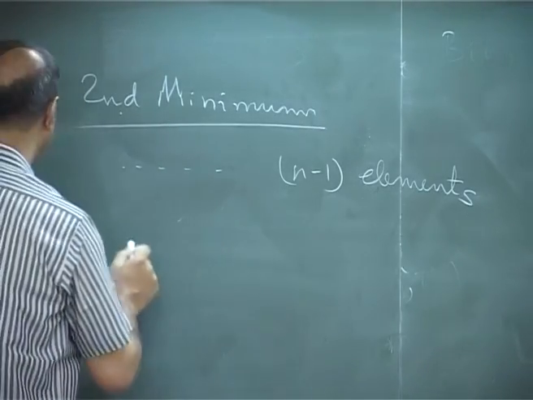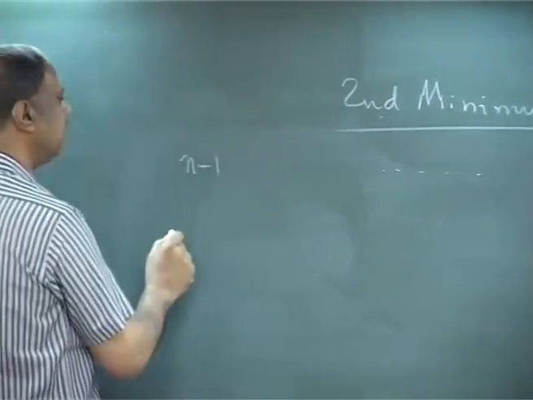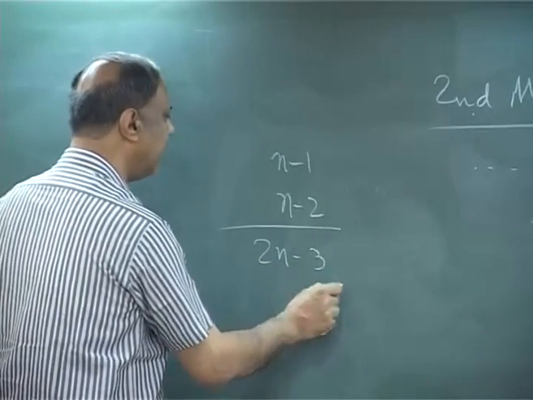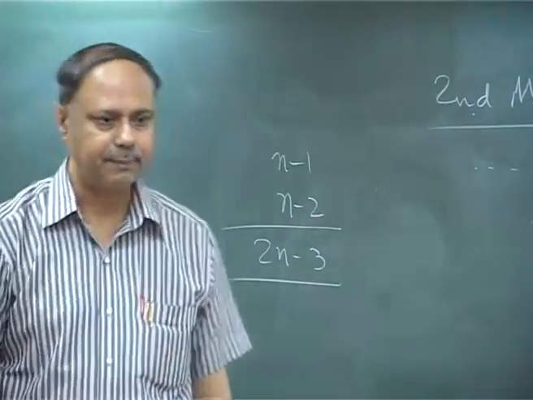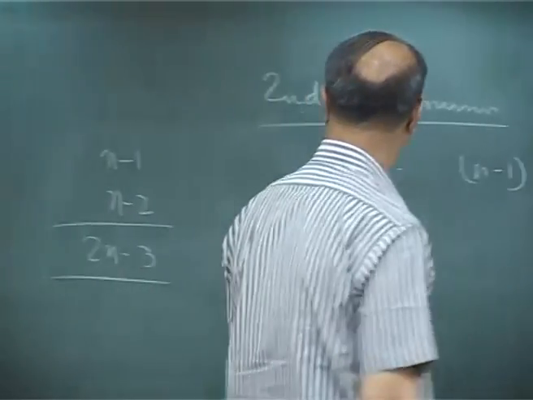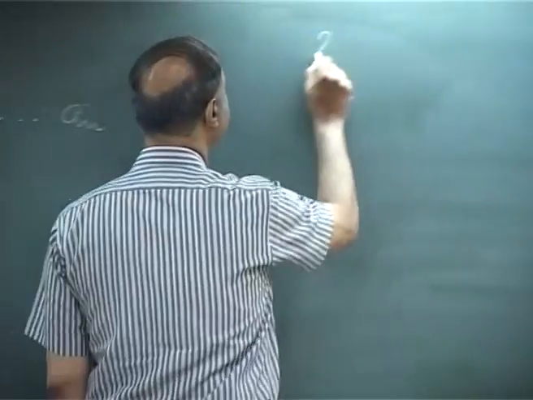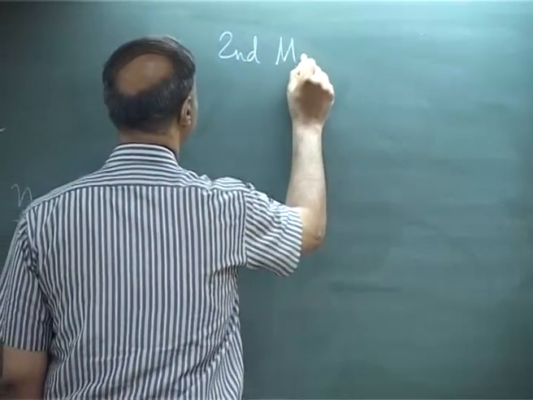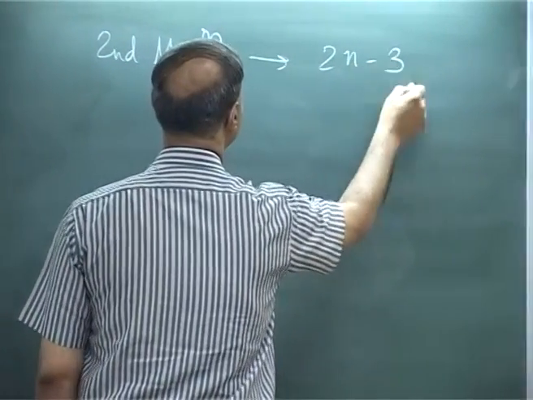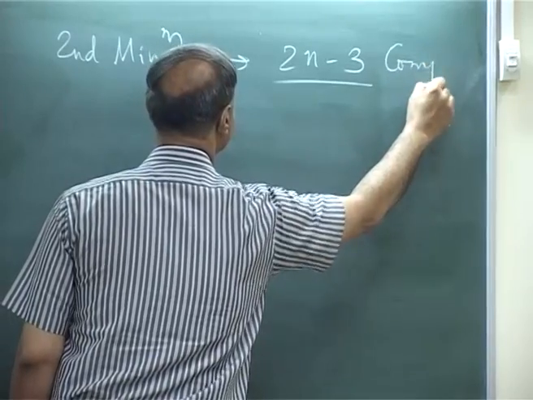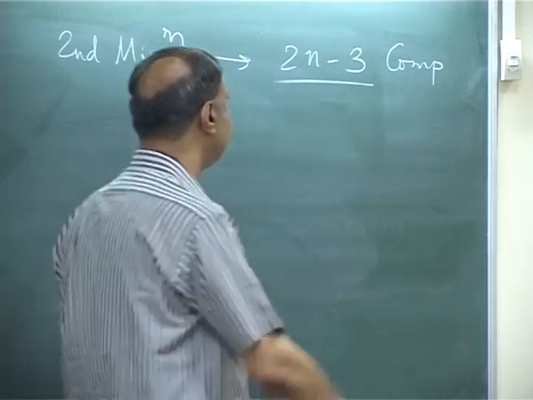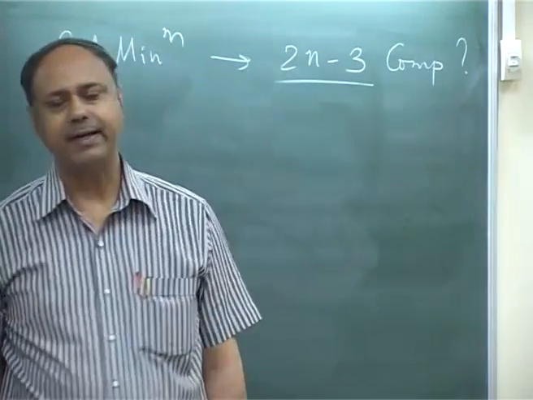So for the first case you need n minus 1 comparisons, the second time you need n minus 2 comparisons. So you get 2n minus 3 comparisons to find the second minimum. But is it the best way to do it? So let us consider this problem of finding the second minimum. We have seen that this many comparisons are needed, and our target is to find out whether this is the best possible way of finding the second minimum.